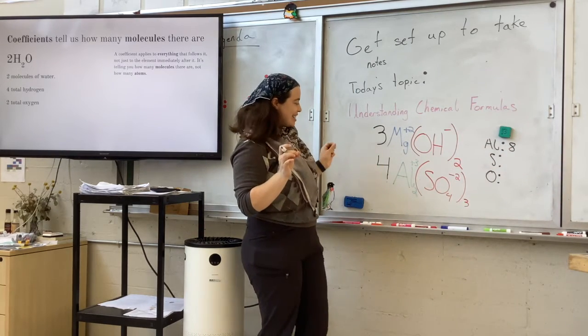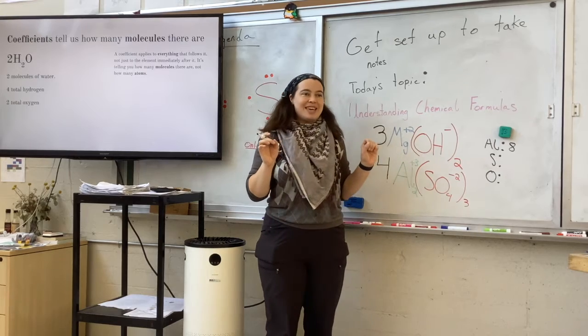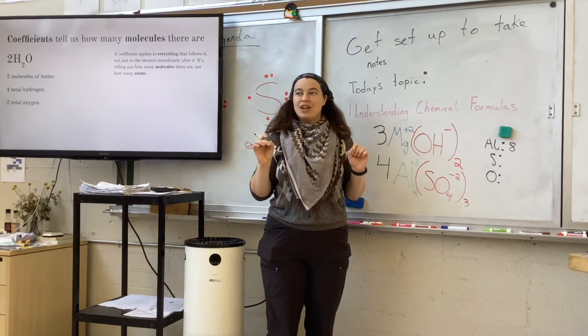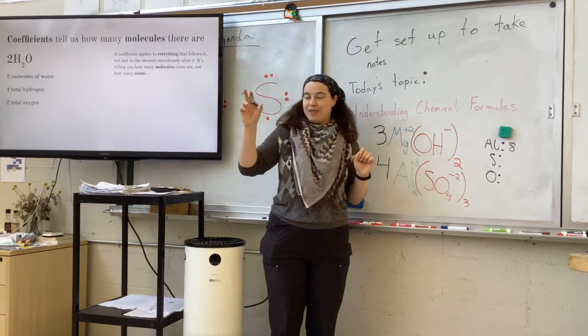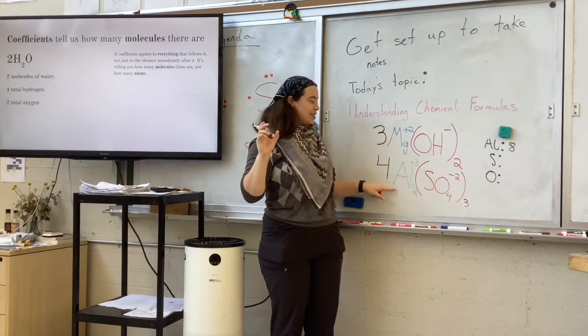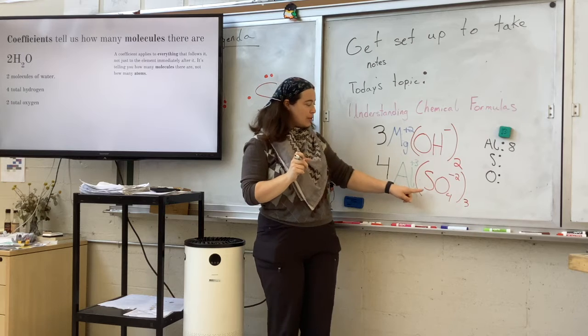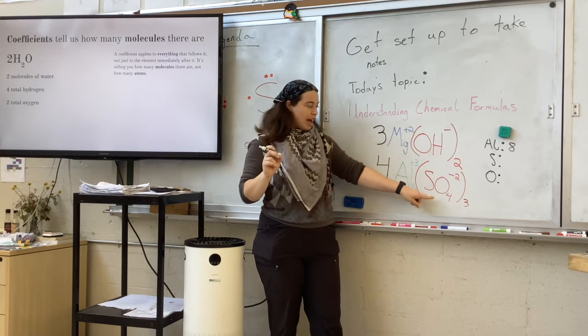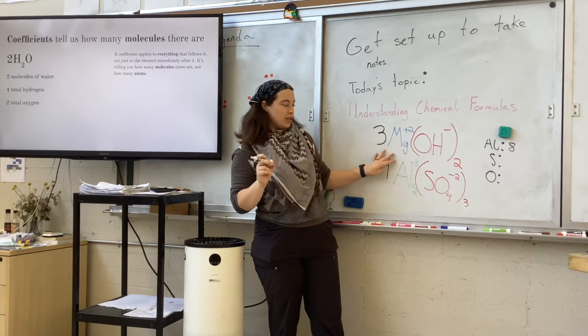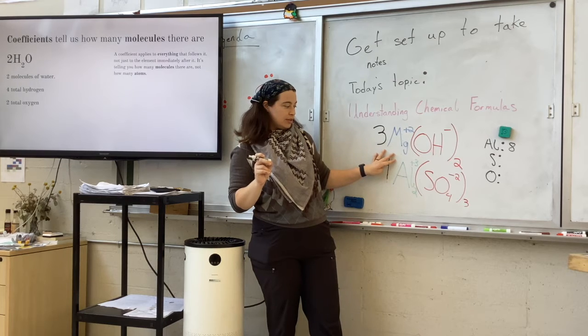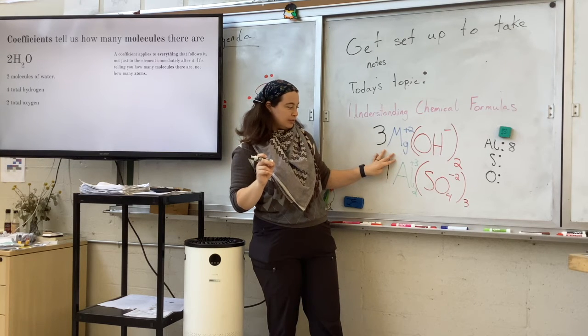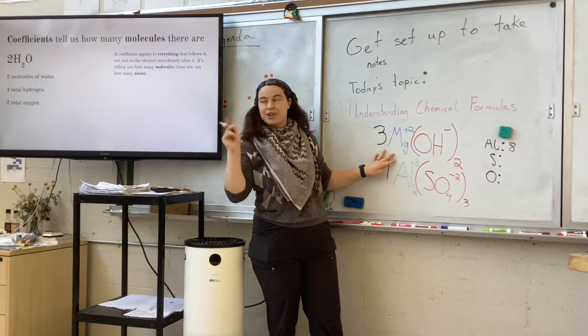Raise your hand if you can tell me how many sulfurs we have in 4 molecules of aluminum sulfate. It's 48. So how many sulfurs would we have in 1 molecule? And one molecule is 3. Wait, am I thinking of oxygen or sulfur? You're thinking of the oxygens.